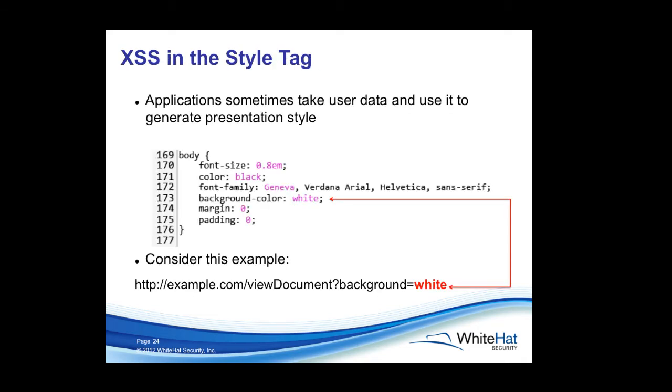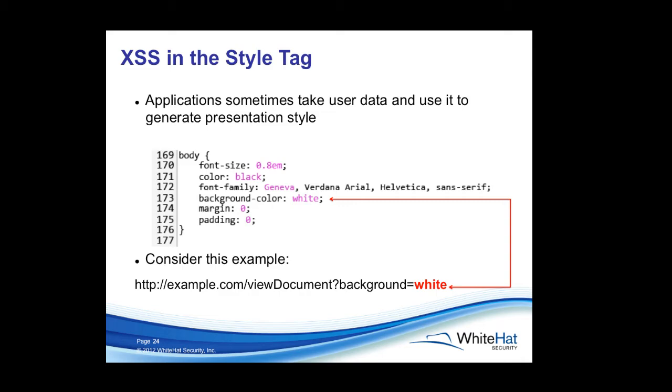Here we have an example of untrusted data landing in a cascading style sheet style tag. So we have the color white, it's landing in background color, and because of those problems with expressions, even if you do proper output encoding, this exact feature can still pop XSS in certain variants of IE.